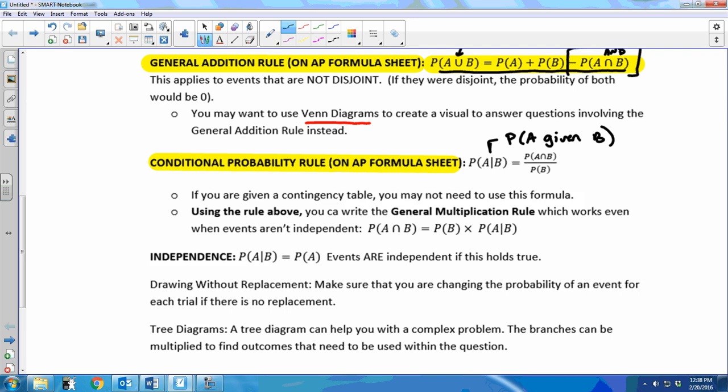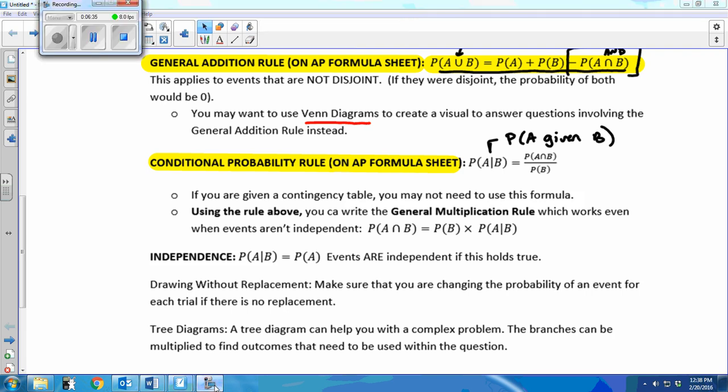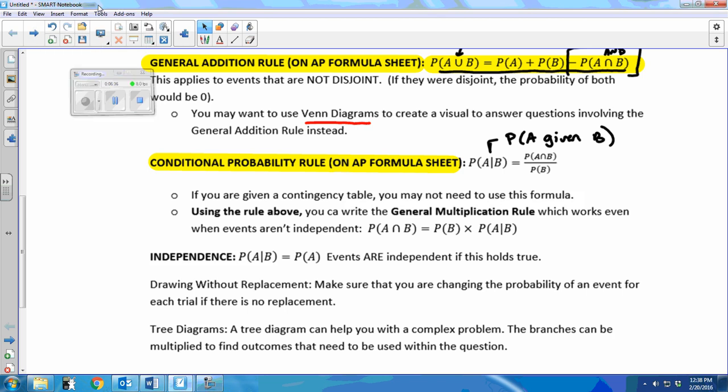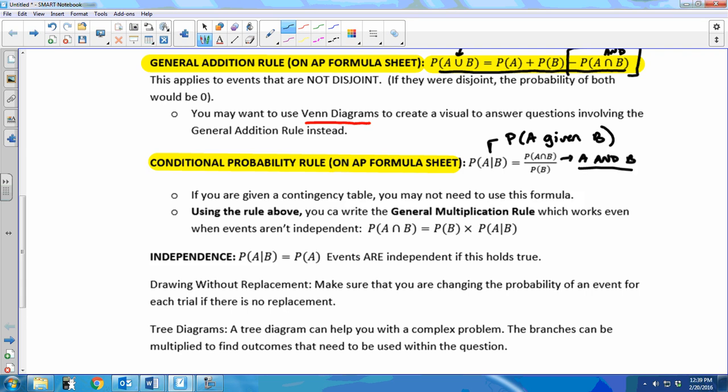You have the probability of A and B divided by the probability of just B. So, again, it's on the AP formula sheet. Use that. When it says something is given, know it's conditional.